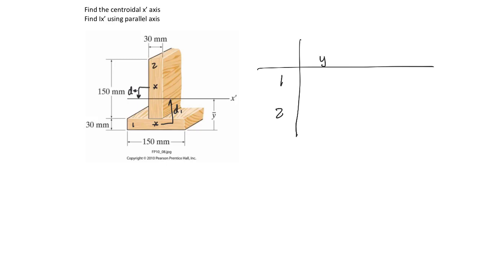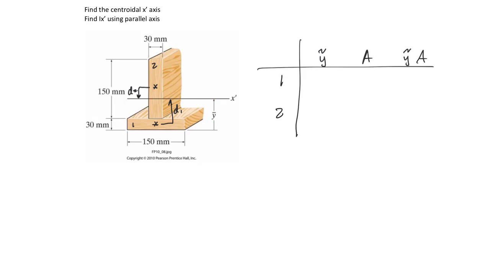And I don't care about the x tilde because everything is symmetric already in the x-axis anyway. And besides, I don't really care if it's symmetric in the x-axis because I'm only looking for the x-prime axis as far as my centroidal axis in this direction. So all I really care about is y bar. All right, so I have an area and then y tilde area.